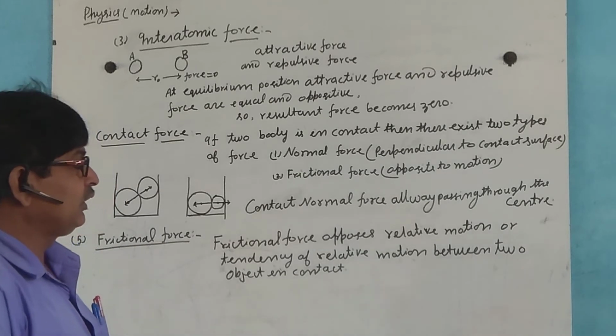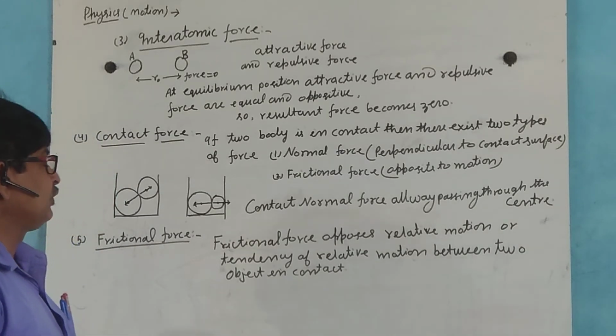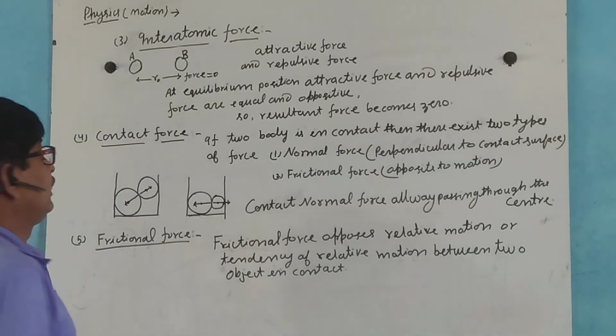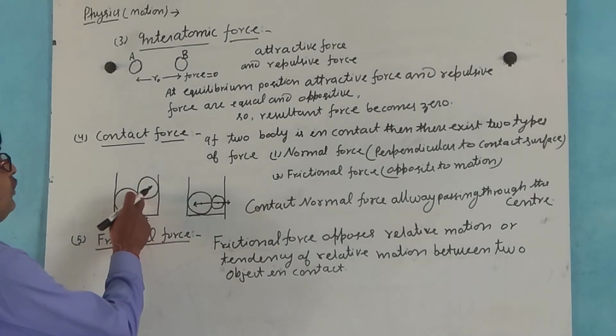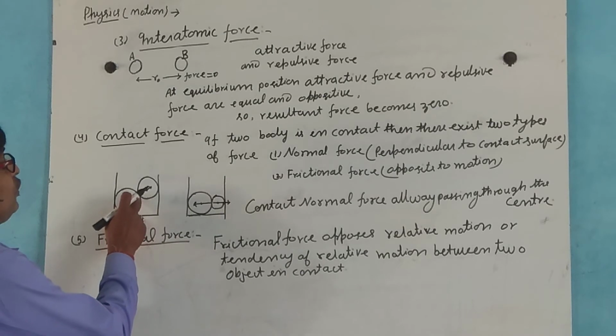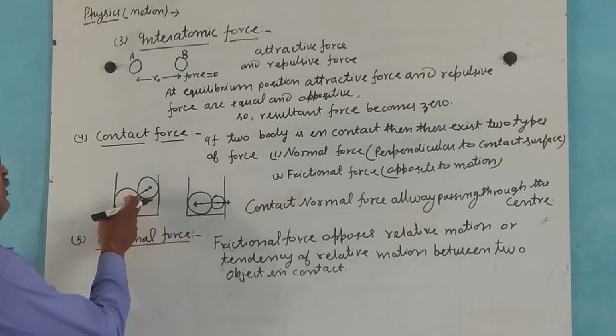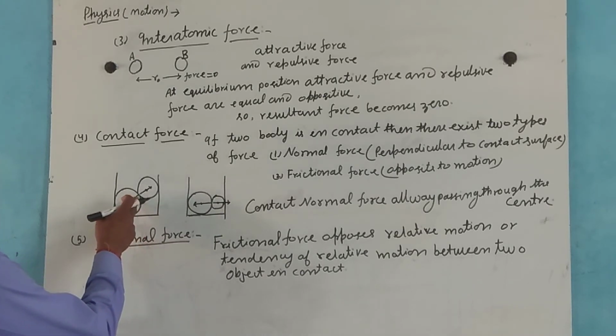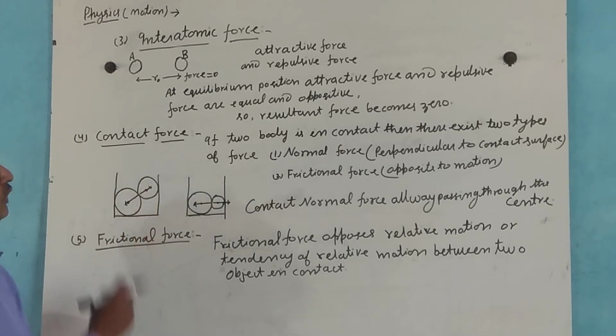Now contact normal force always passes through the center. Here are two atoms, so this point is contact to each other. So the normal force is perpendicular to the contact point, and the direction of this force passes through the center.